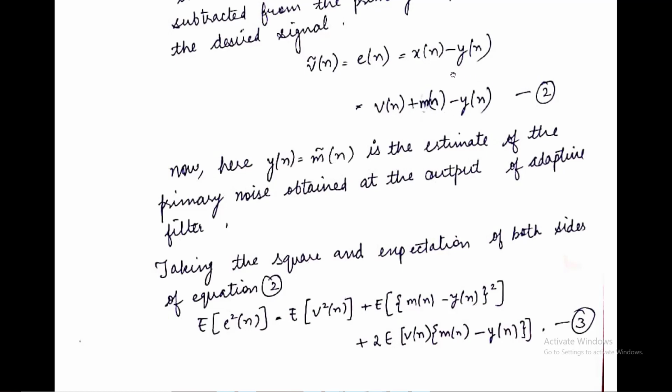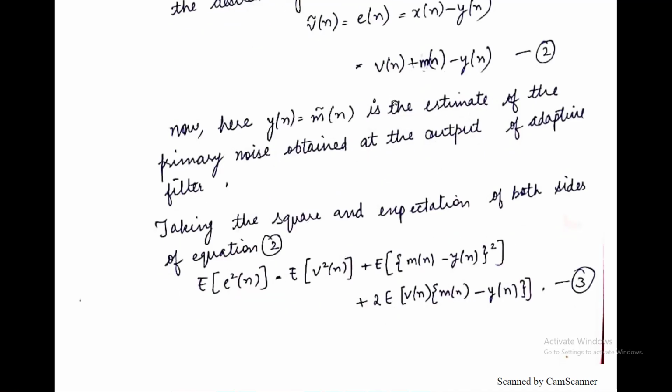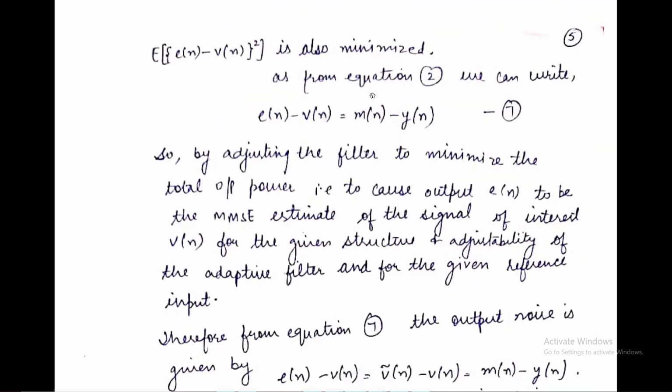So if the expectation of Mn minus Yn square is minimized, that means the expectation of En minus Vn whole square will also be minimized. So this is equation number 7: you will get expectation of En minus Vn whole square, which we are keeping instead of Mn minus Yn whole square, that will also be minimized.